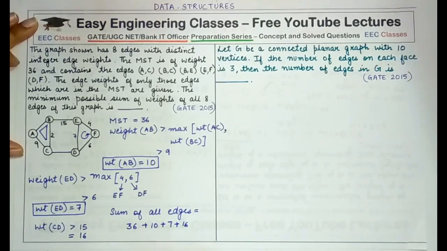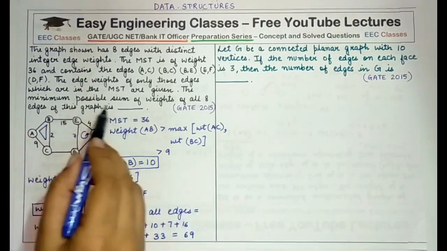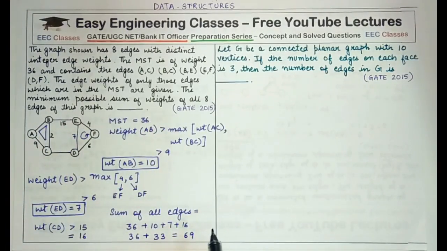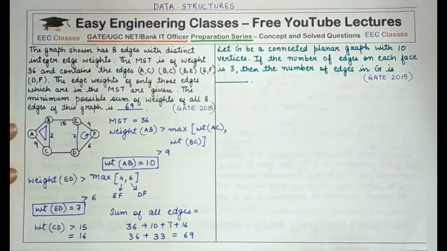So this would give you a total of 36 plus 33, and that comes out to be 69. So that's how you'll calculate the minimum possible sum of weight of all the 8 edges of this graph. And you can write this answer here because it's a numerical type of question.